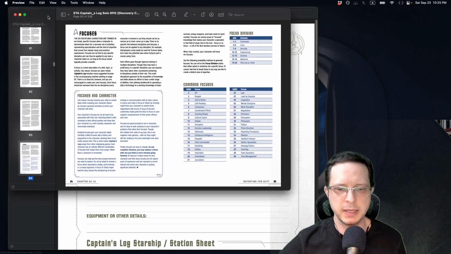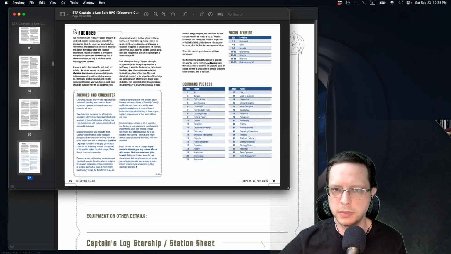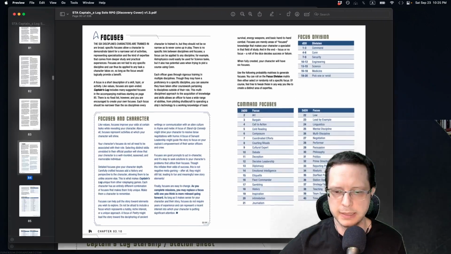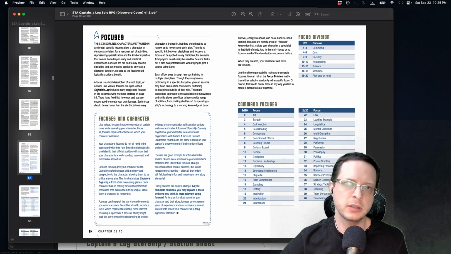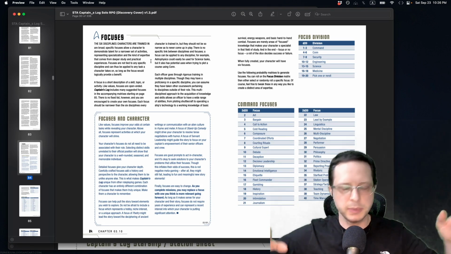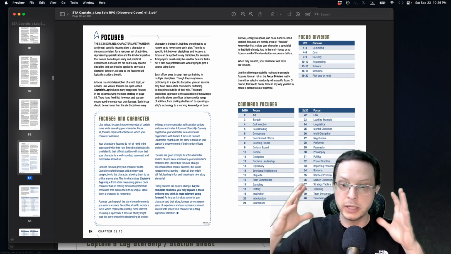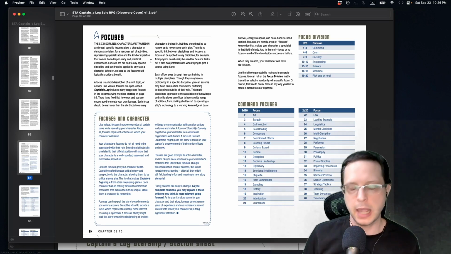Another important aspect, actually I'm going to bring over the book here so we can look at this a bit more in detail. Another element is focuses. So obviously these 6 disciplines that we're talking about are very broad. Engineering embraces a lot of stuff, right?